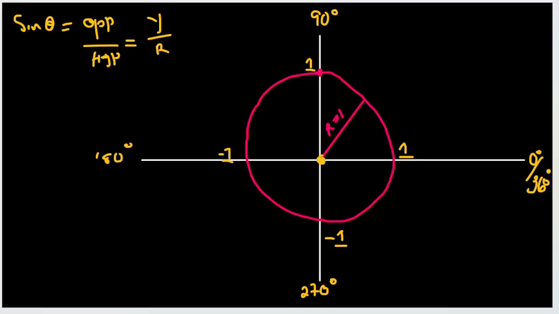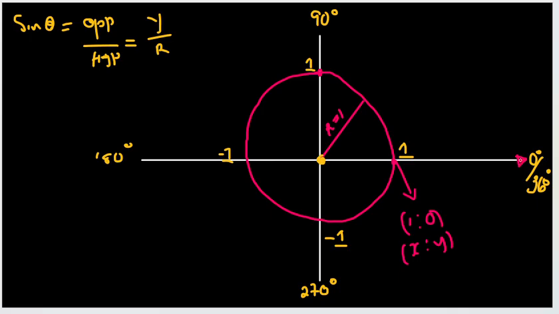Coming back to this without the use of a calculator, we know that at this point we have 0, and the coordinates of this point are (1, 0). So in terms of x and y, my y value is 0 but my x value is 1, where theta is equal to 0.